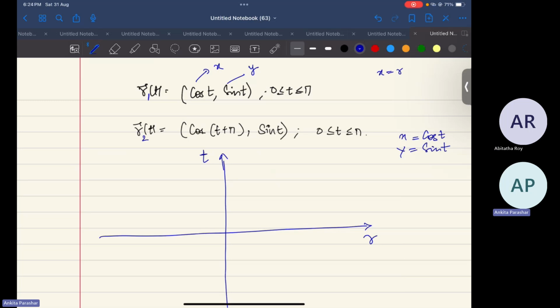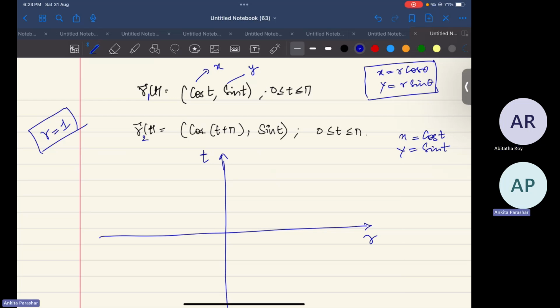We have x is r cos theta, the general kind of thing, and y is r sin theta. First of all, r is 1. Another thing is that x and y always satisfy x square plus y square equal to r square, which is 1.